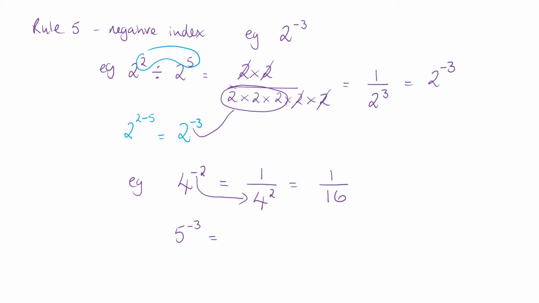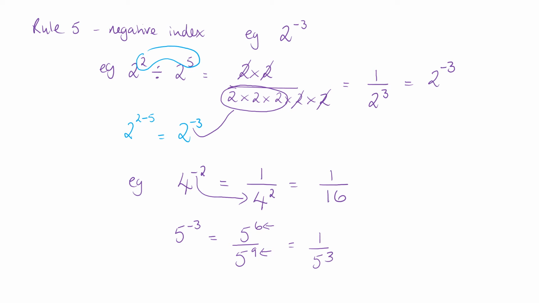So let's do another example, 5 to the minus 3. So what sort of sum could give us a minus 3? You could have had 5 to the 6 divided by 5 to the 9. There were 3 more on the bottom than on the top. So that would give you 1 over 5 cubed.